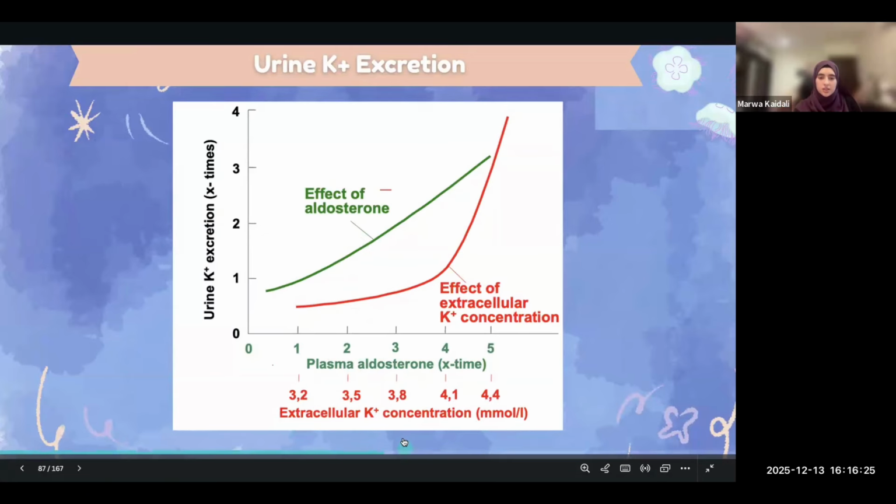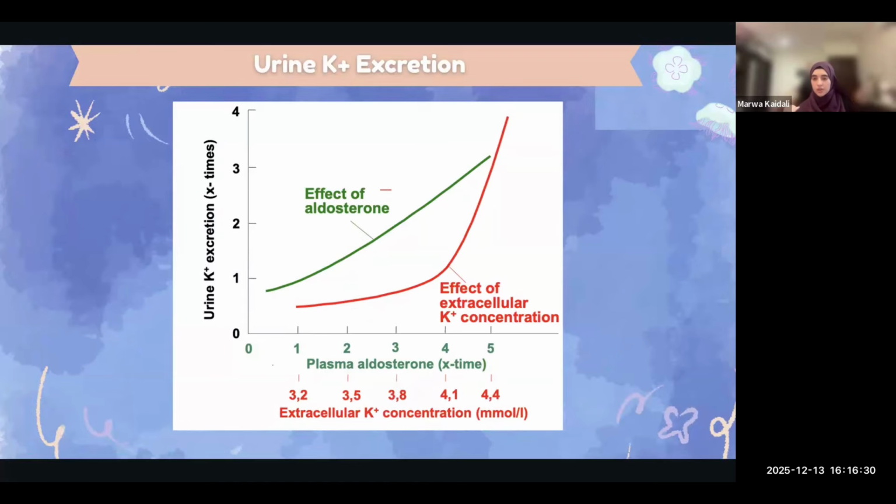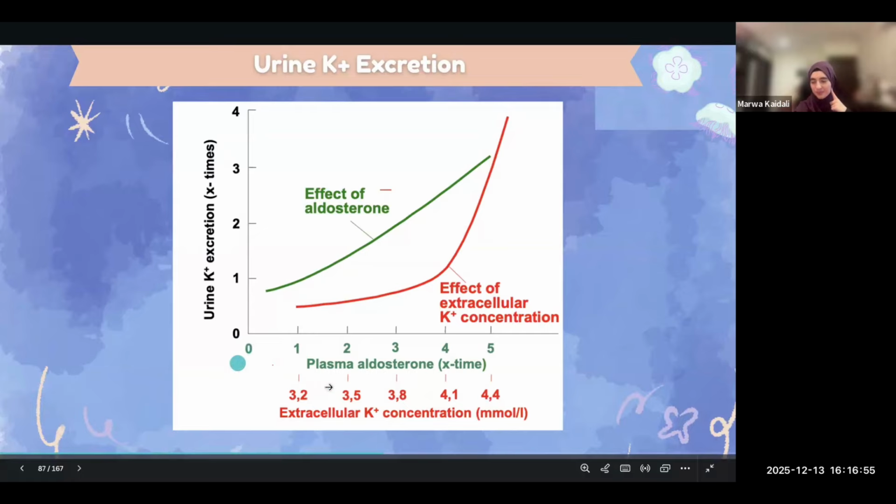It's showing the relationship between the plasma potassium concentration compared to the urine potassium excretion. The more potassium that we have in our bodies, the more we want to excrete it because it's too much. When we have too much of something, we want to get rid of it. We want to remove the extra. So this is why the graph has this shape. You don't need to know the exact shape of the graph. Just know that when this increases, this is going to increase.